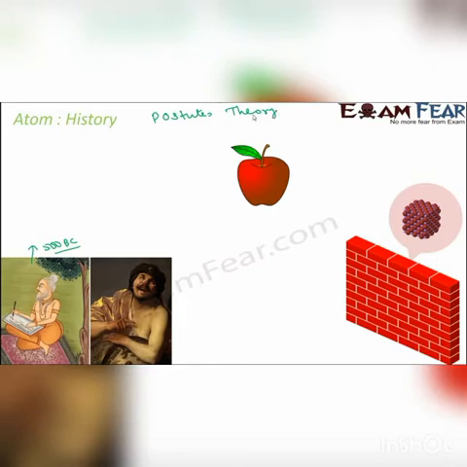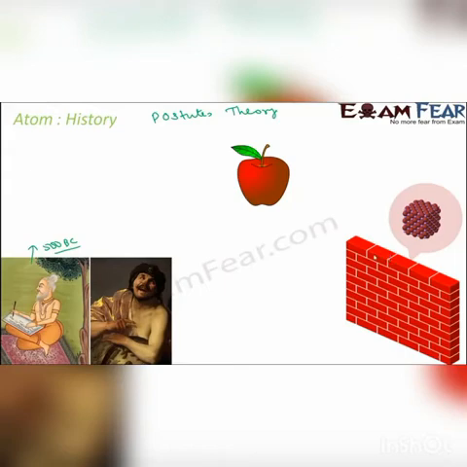He proposed actually that if we go on dividing a matter, we shall get very small particles. For example, you take an apple, you keep cutting the apple, you will get a very small particle. And ultimately a time will come when we will come across the smallest particle, beyond which the division is not possible. Right? So for example, you take a brick, or a pen, pencil, any matter. Matter is something which has mass, we just studied in the last chapter.